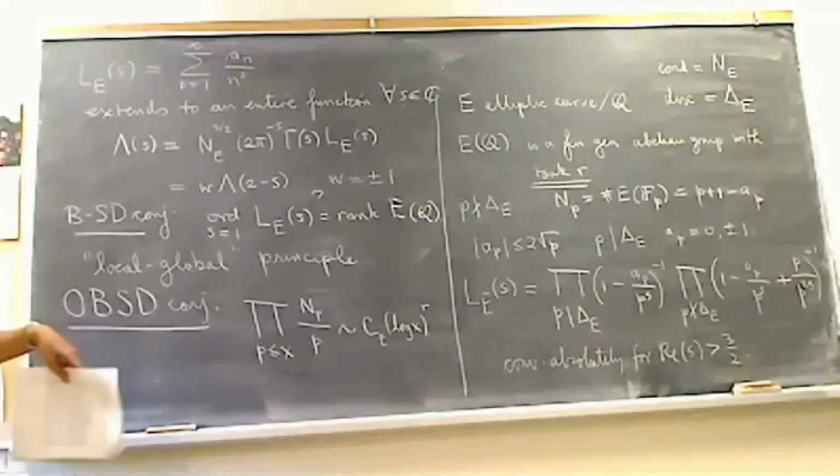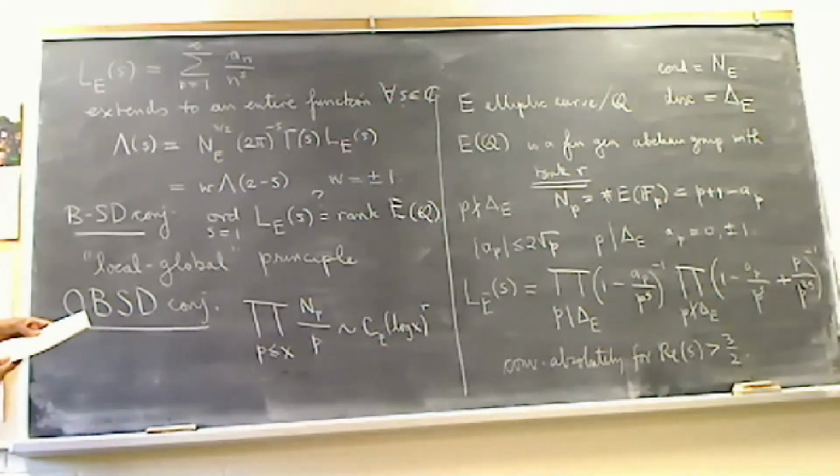The local information, the number of points, should give us the global information about the rank. So this was the original Birch and Swinnerton-Dyer conjecture.